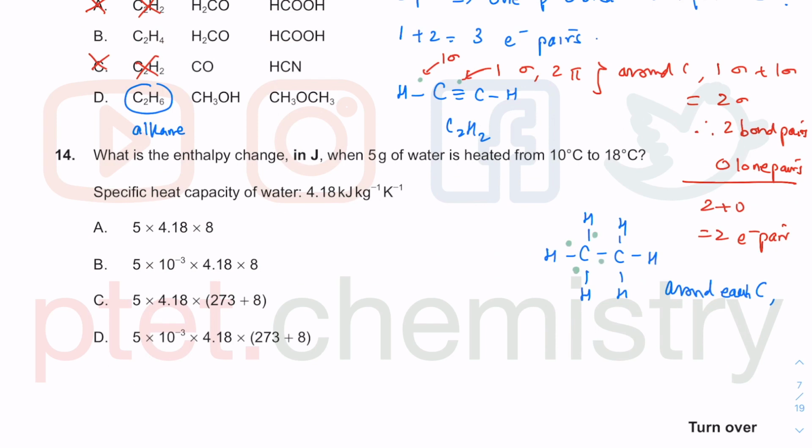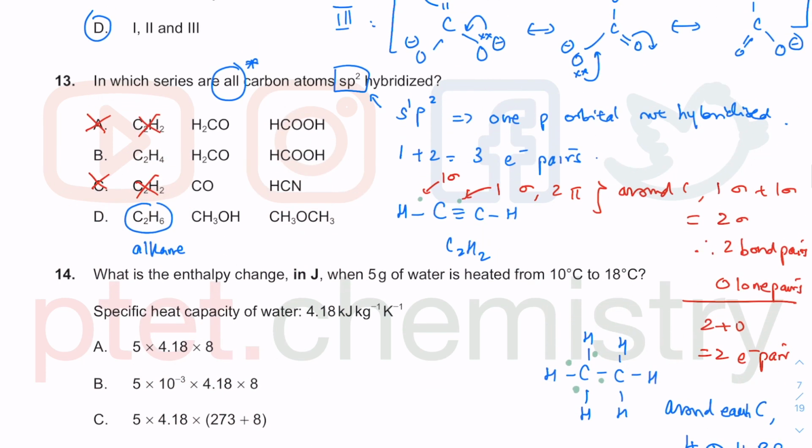Around each carbon, 4 single covalent bonds, 4 sigma, 4 bond pairs, 0 lone pairs, as the carbon uses all 4 outer shell electrons for bonding. You're going to get 4 plus 0, which is 4 electron pairs. What you want for sp2 is 3 electron pairs because 1 plus 2 gives you 3 electron pairs. So this one is carbon sp3, 109.5 degree tetrahedral geometry.